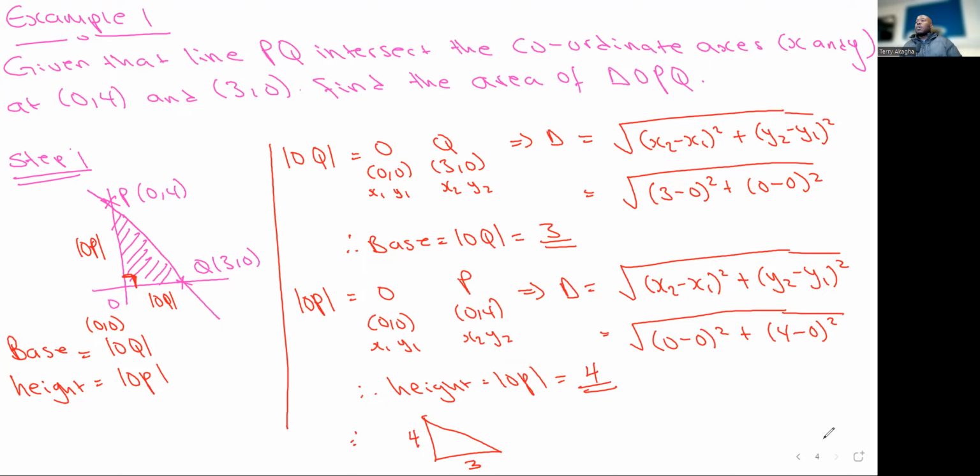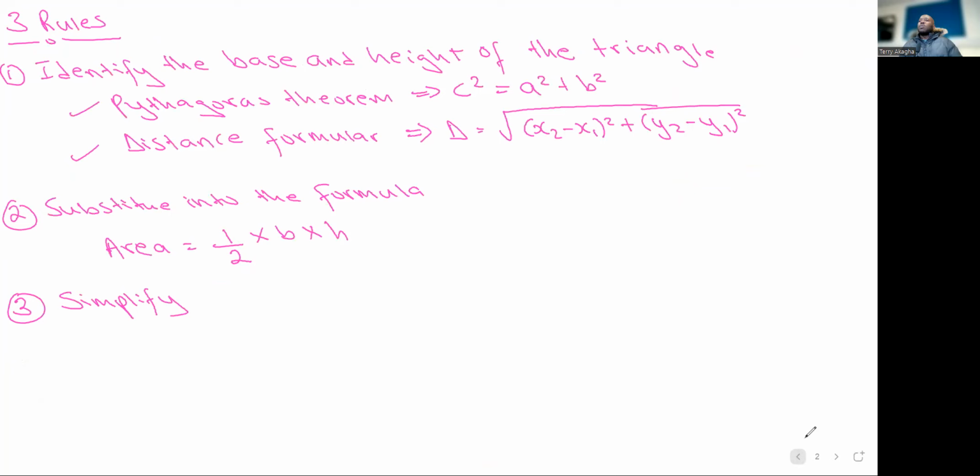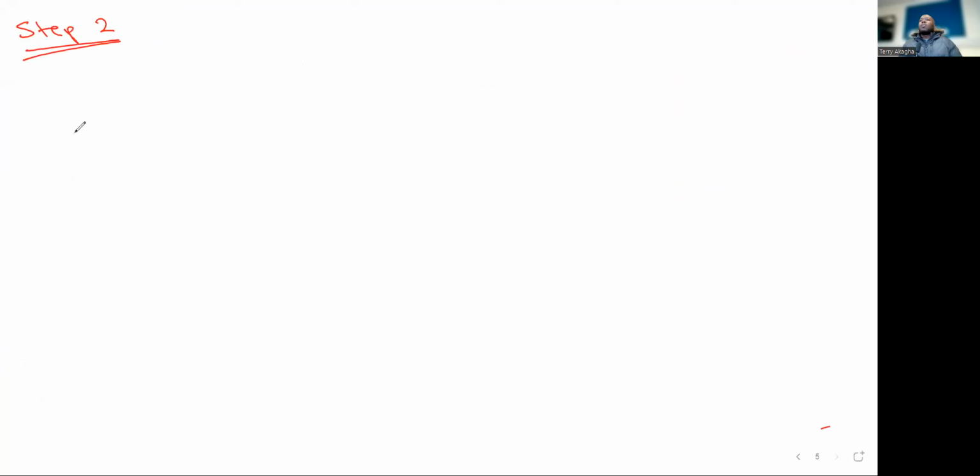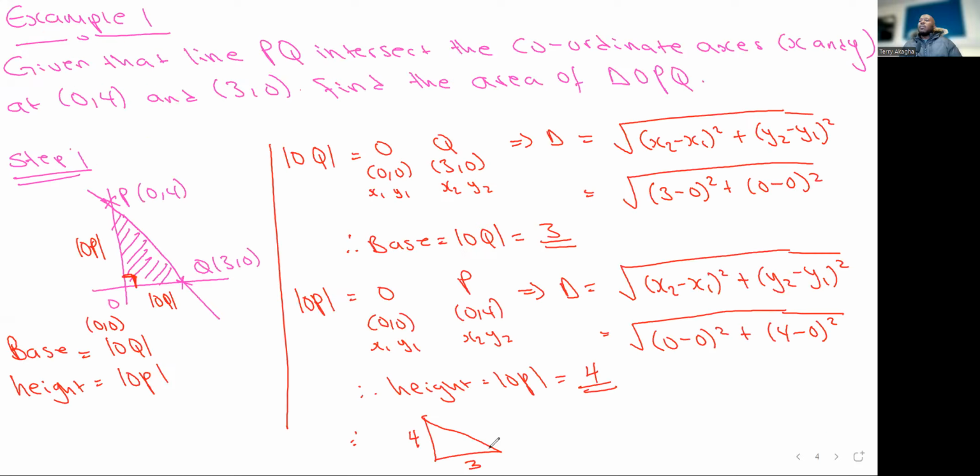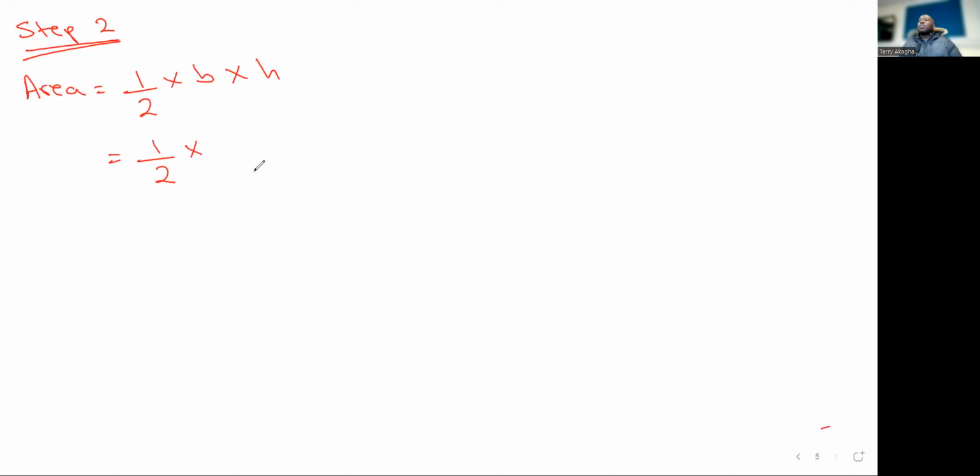The height here is 4, and the base here is 3. So the next step, step 2, we then have to find the area. Step 2, substitute into the formula to find the area. The area is equal to 1 over 2 times base times height. That is 1 over 2 times, what was the base? The base was 3 and the height was 4, so times 3 times 4.